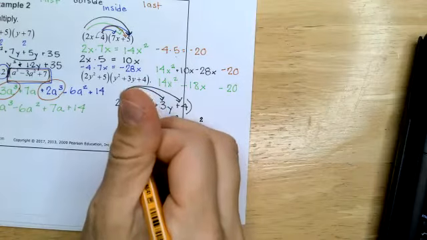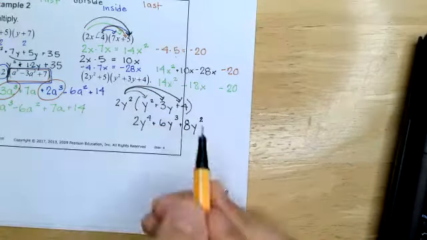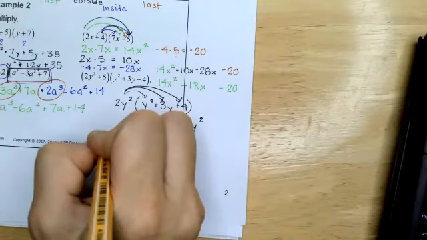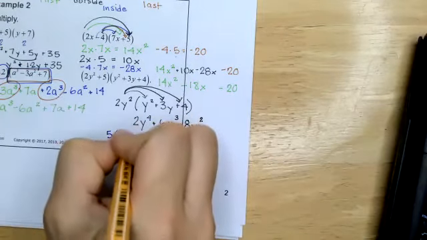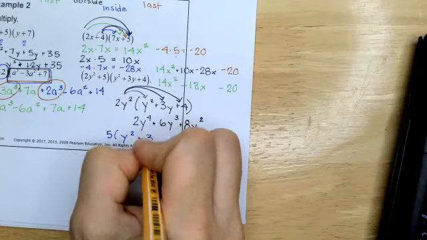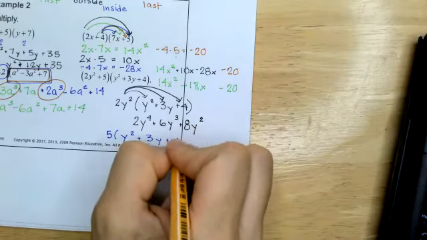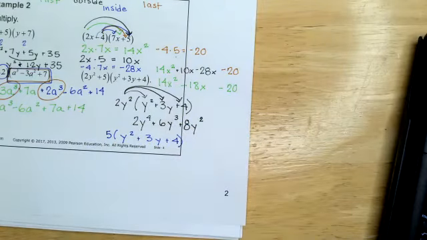The next thing you're going to do is that positive 5 times those 3. All right, you try it, see what you get.